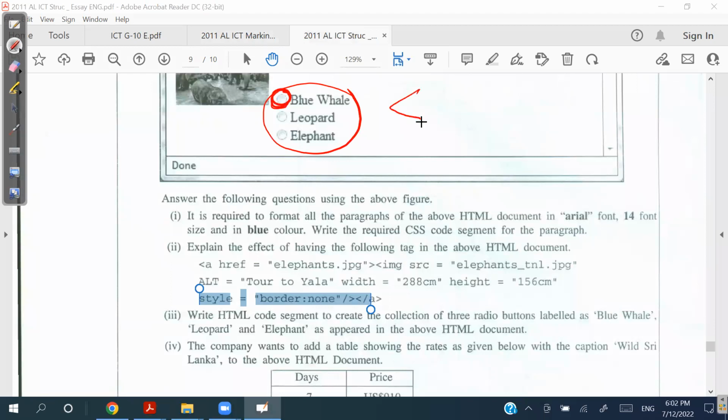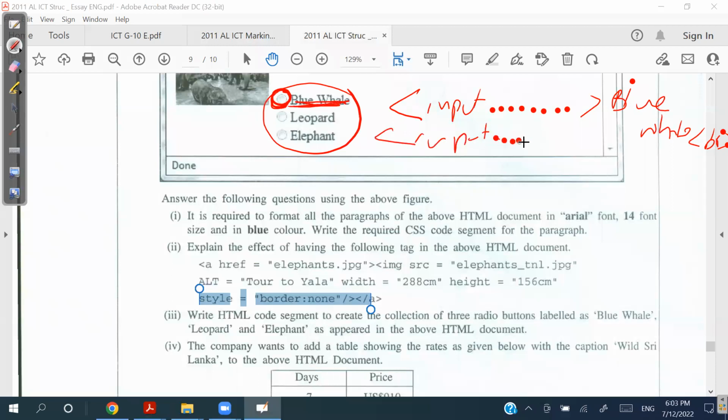Then once you close the input tag, you should have this particular name as it is here. Right, then BR should be there. Then the input thing goes again and the leopard. Right, so likewise it should be there.